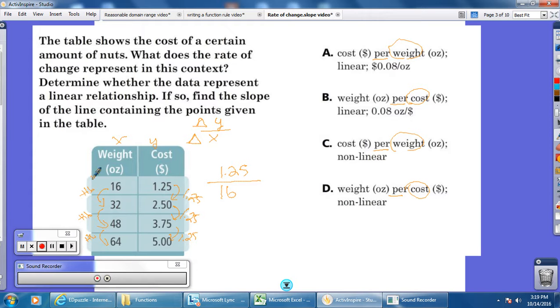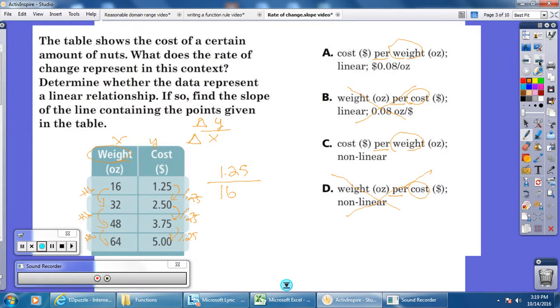What is my X value over here? Weight. So it's not this. It's not this. The weight doesn't depend on the cost. The cost depends on the weight. So now you have two choices, A and C. Linear, non-linear. And the answer is A.